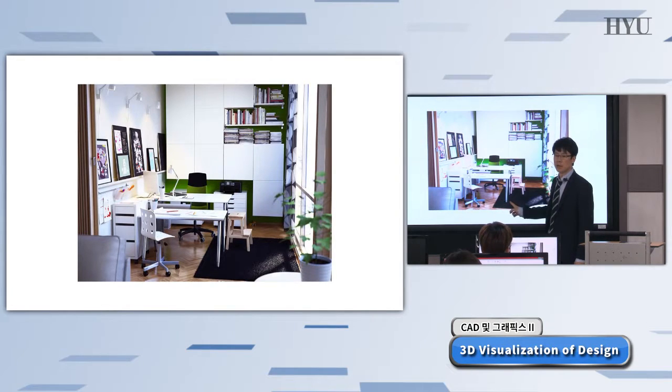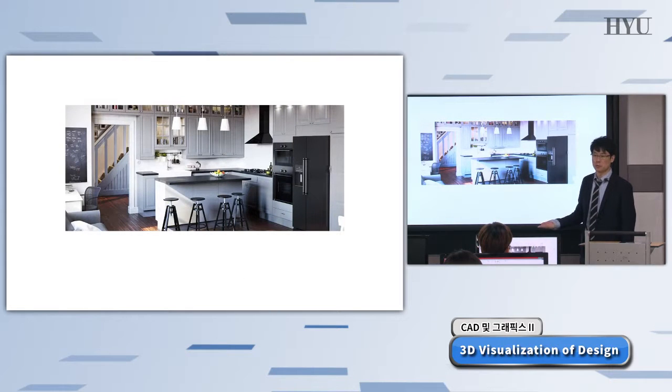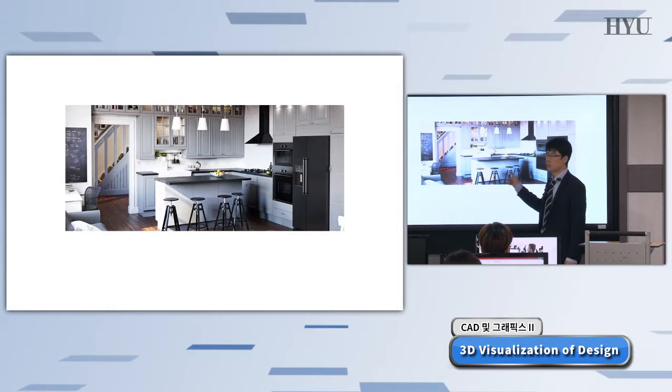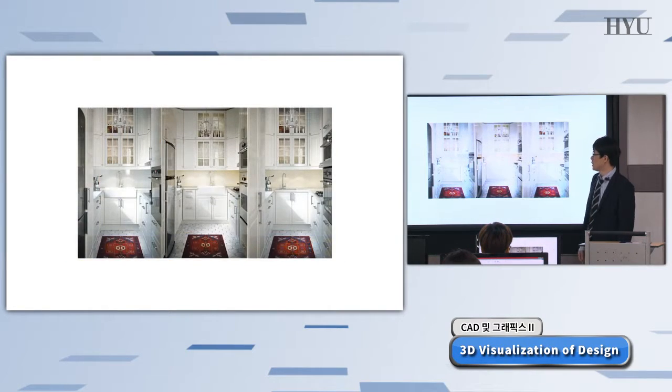This is one of the IKEA product brochures, but this is not a picture. They made totally 3D objects and renderings for making their brochure for customers. For their kitchen products and furniture, for selling those products, they simply create computer-generated images instead of taking real pictures, okay?